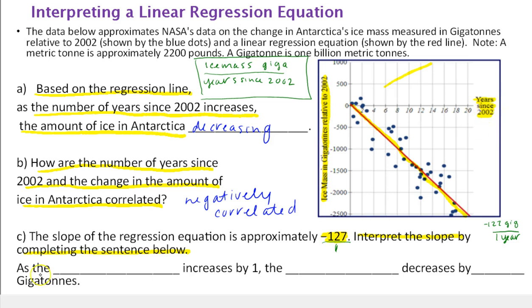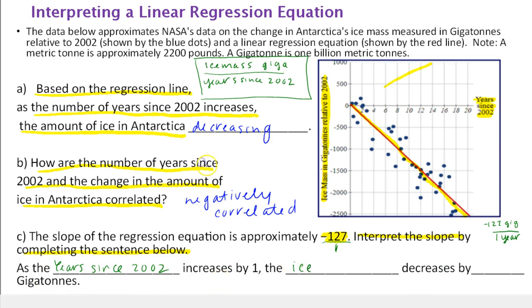So let's put this in a sentence as well. What's increasing by 1? Years, or the years since 2002. So as the years since 2002 increases by 1, the blank, well, that's going to be the ice mass, and I'm noticing they have gigatons here, so we won't have to write that.